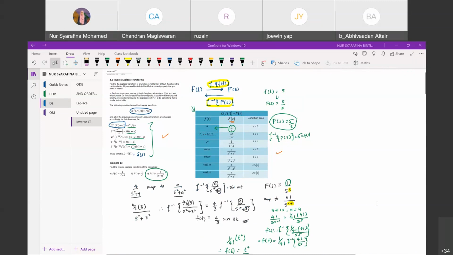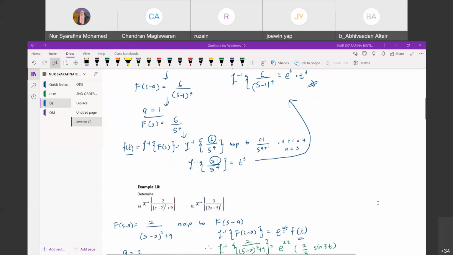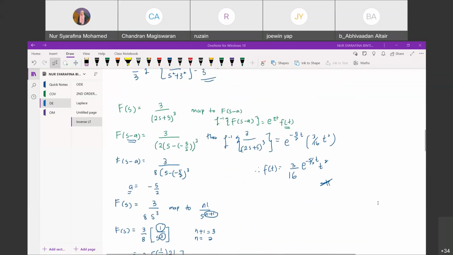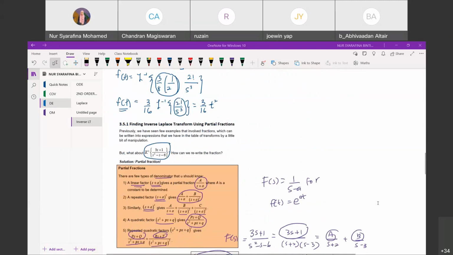We apply the inverse transform by using the table of transformation, the properties, and by simplifying the function using partial fraction, completing the square, and also long division. But the most important part is to understand what is mapped to the function that you have there.